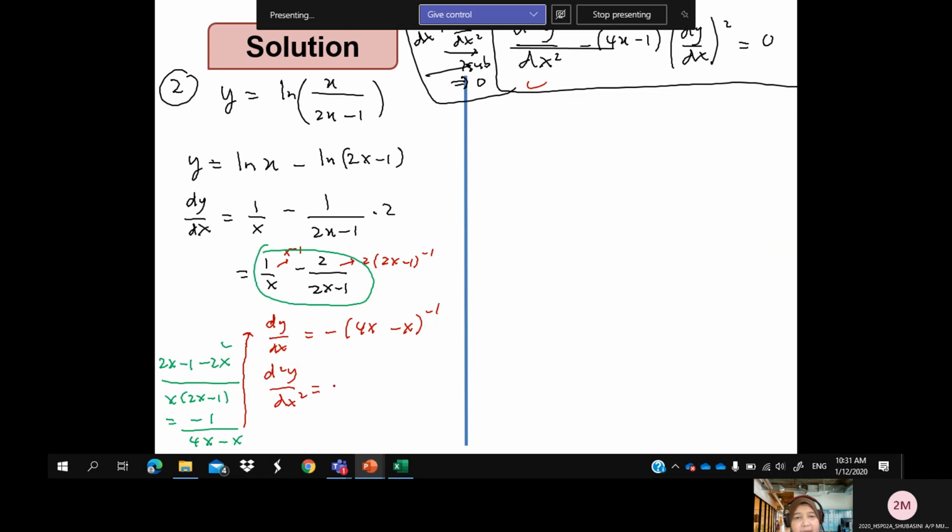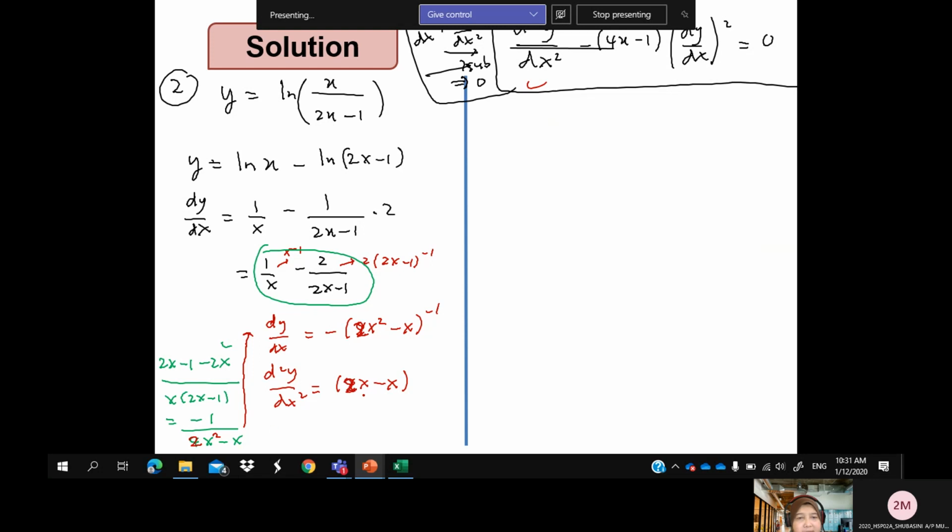Negative, positive 4x minus x. No, this is a square. Sorry, I messed up. Wait, this is 4x squared.